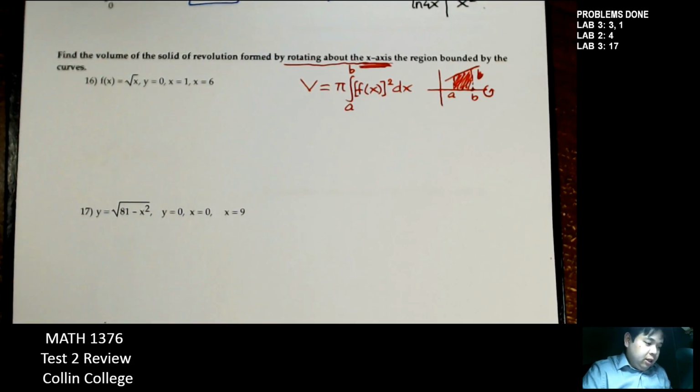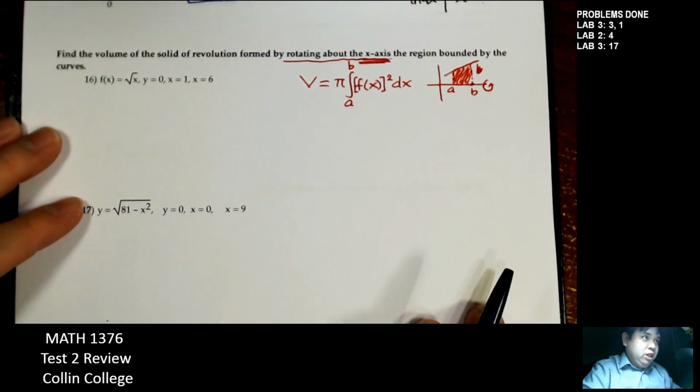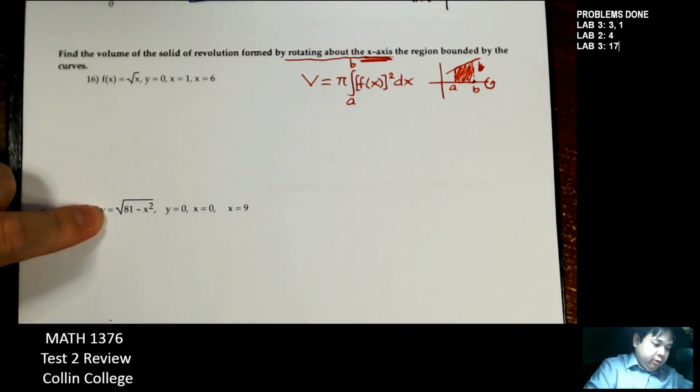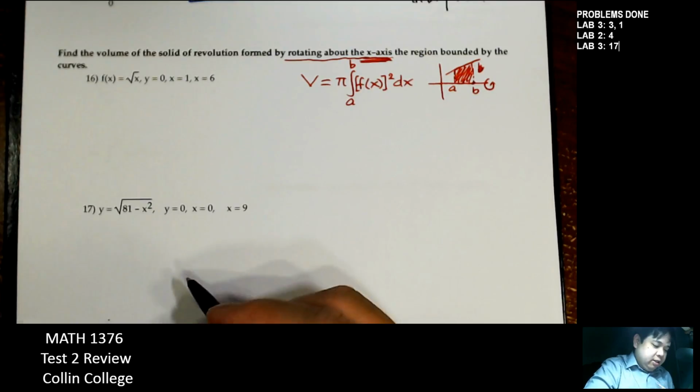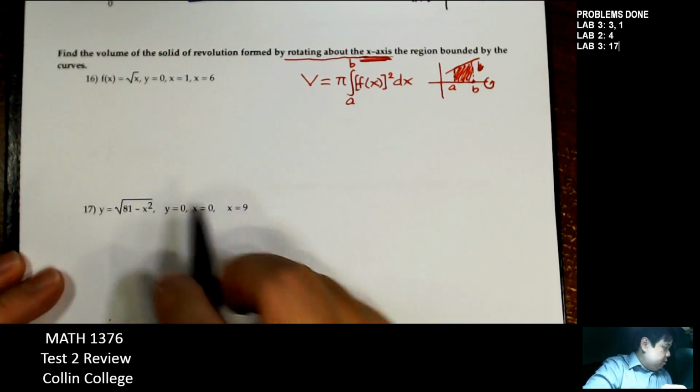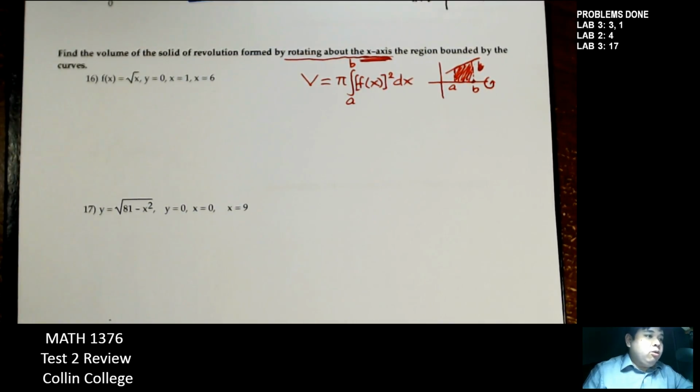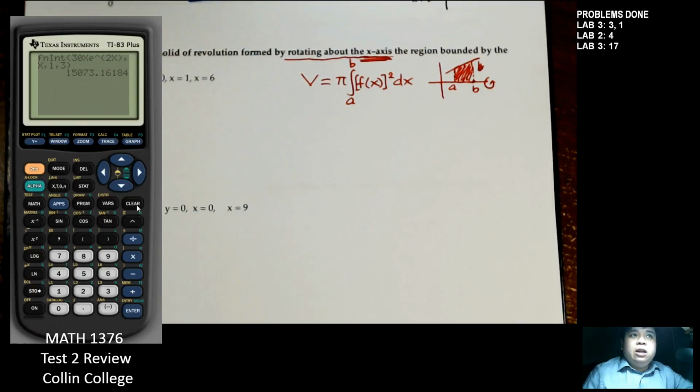Right. So 16 and 17 will be similar. For this, I would have to sketch the graph. Let me look at the graph quickly: y equals the square root of 81 minus x squared. It looks like a circle.